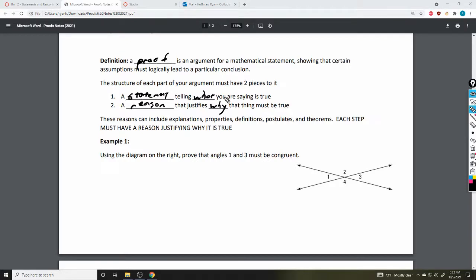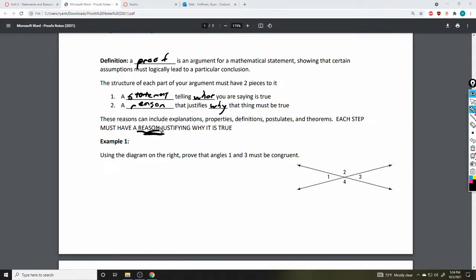And so, when we go down here, these reasons can be explanations and properties and definitions, all the things that we have talked about. But each step must have a reason justifying why it is true. In other words, if you catch yourself saying something like, oh, this means that these measures are congruent, or that means this thing has to be this measurement, well, you need to back that up and explain why you think that is true.